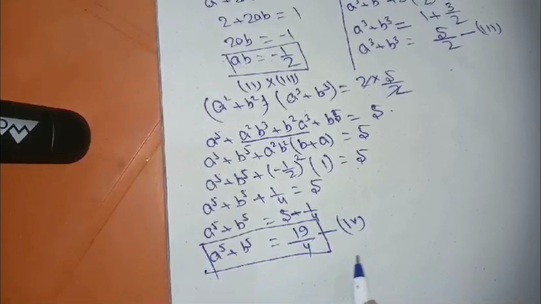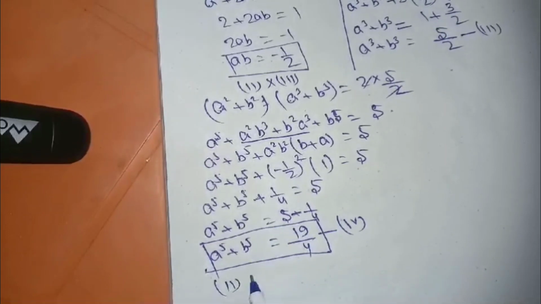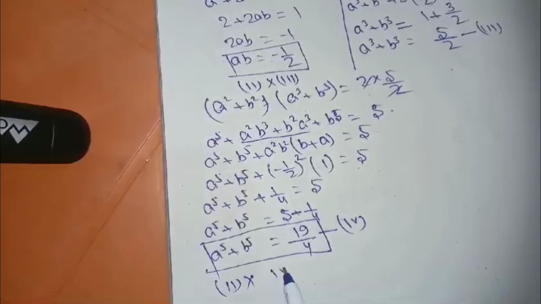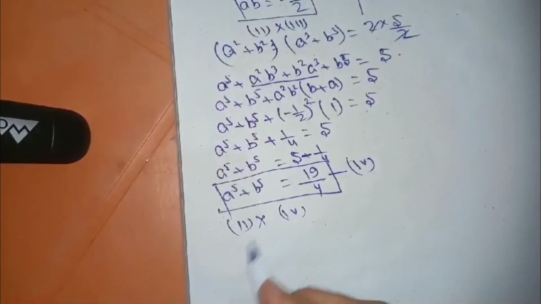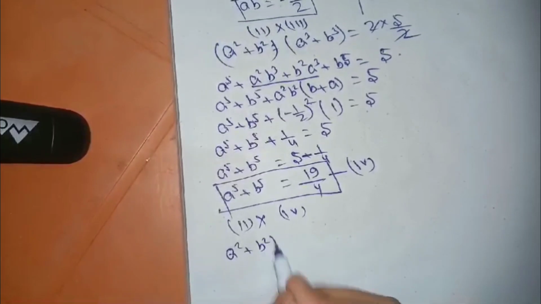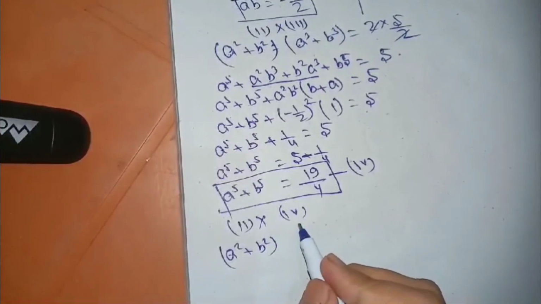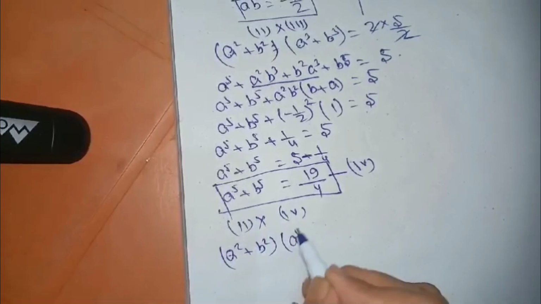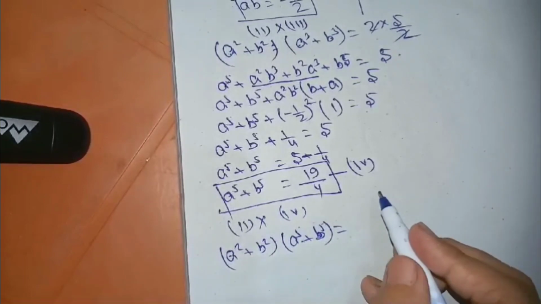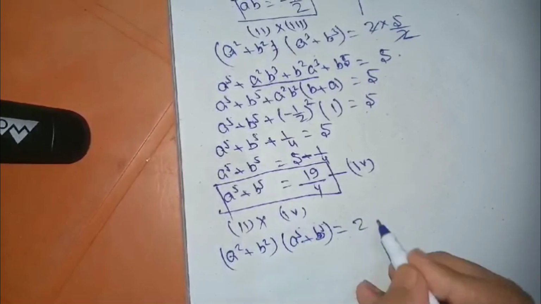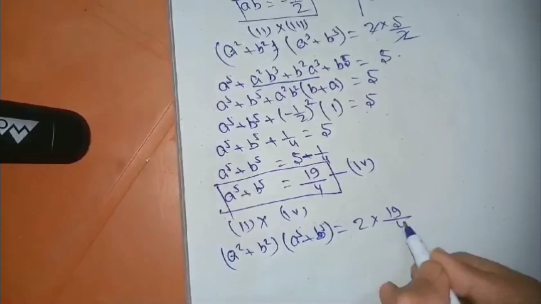Now we are going to multiply equation 2 and equation 4. Equation 2 is a square plus b square, and equation number 4 is a5 plus b5 equal to 19 by 4. On the right side we have 2 and 19 by 4.